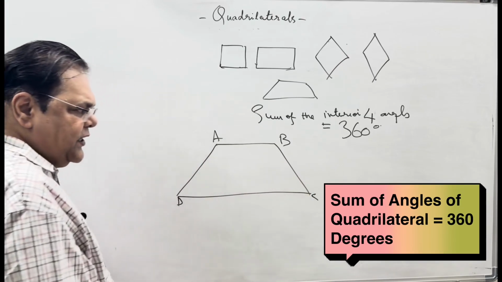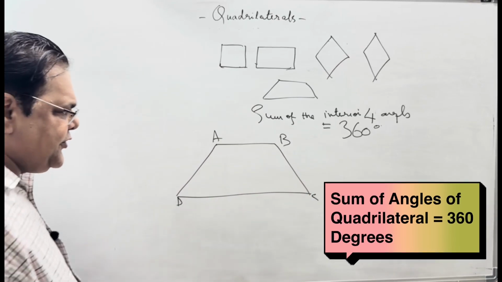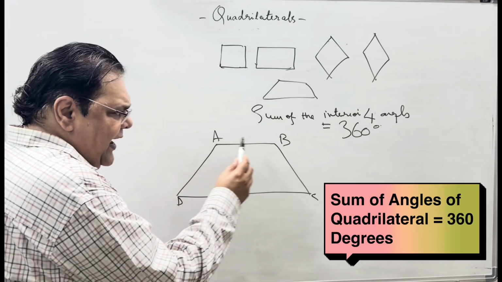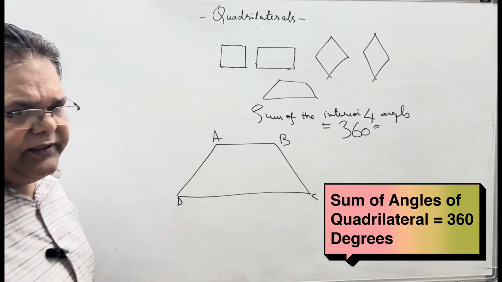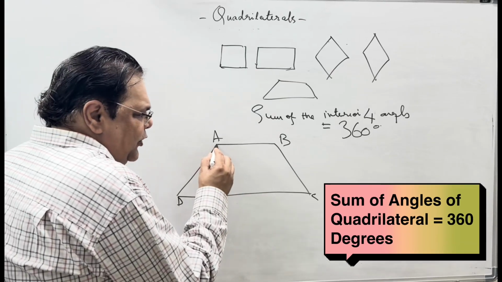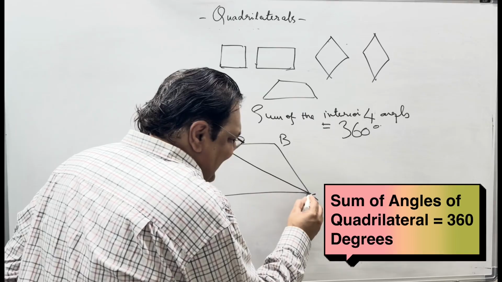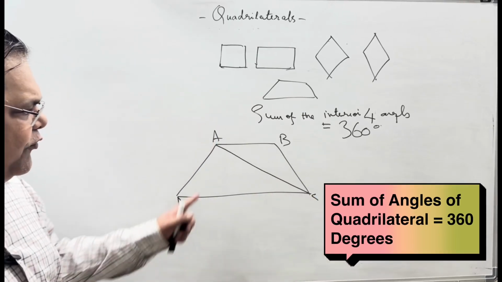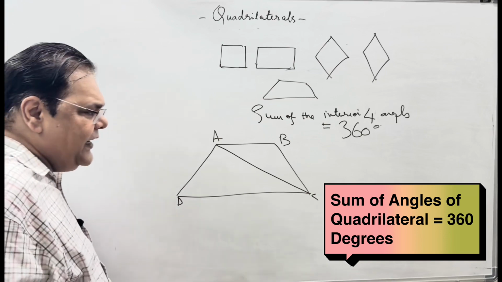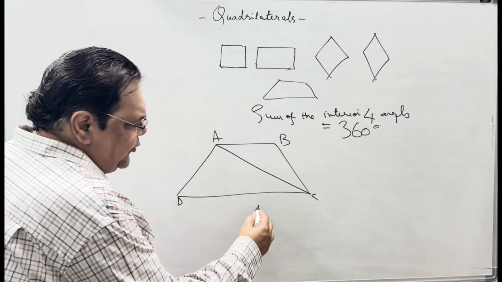ABCD are 4 vertices of a quadrilateral. And if you're asked to find the sum of the angles A, B, C, D, the best technique is to join any one diagonal, to join any 2 vertices to form a diagonal. And then you will notice you will get 2 triangles.